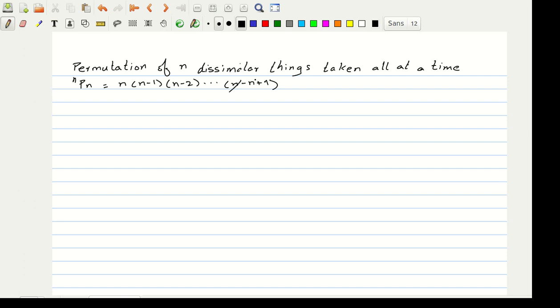So you see that this cancels, and this is simply n times n minus 1 times n minus 2 all the way to 1, and this value is simply n factorial.